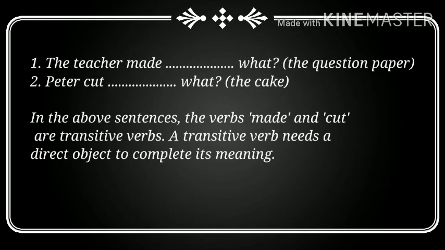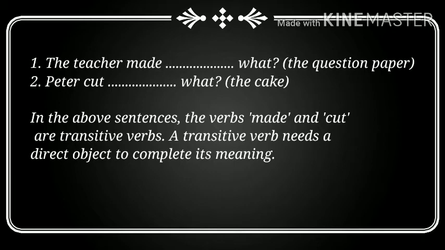You can see the teacher made what? The question paper. Children, here the teacher is the subject and the question paper is the object. So you can question yourself, the teacher made what? The question paper. Okay, and the next question is Peter cut the cake.